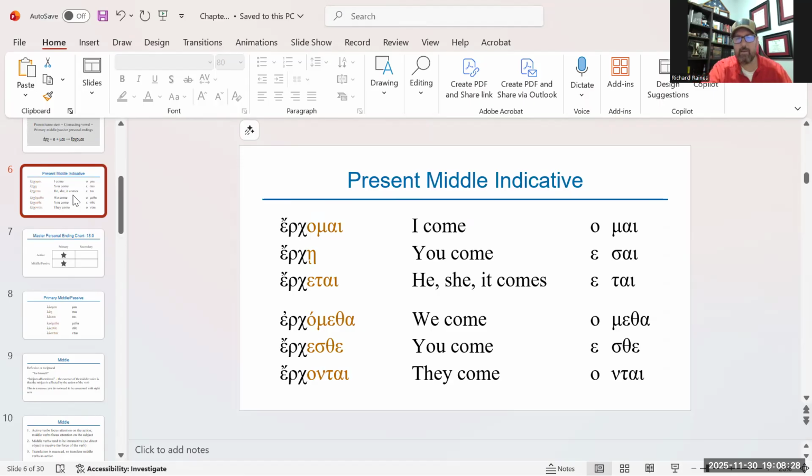But if you see luomai, then you're going to say, okay, that is present, middle or passive indicative, first person singular from luo, because you learned luo as a present active indicative word. You learned it in that form. The lexical form is luo.